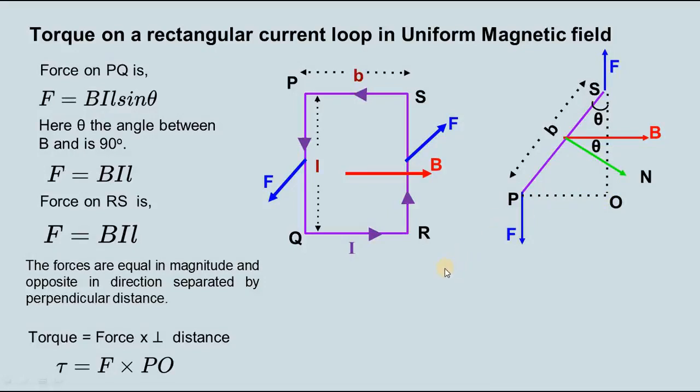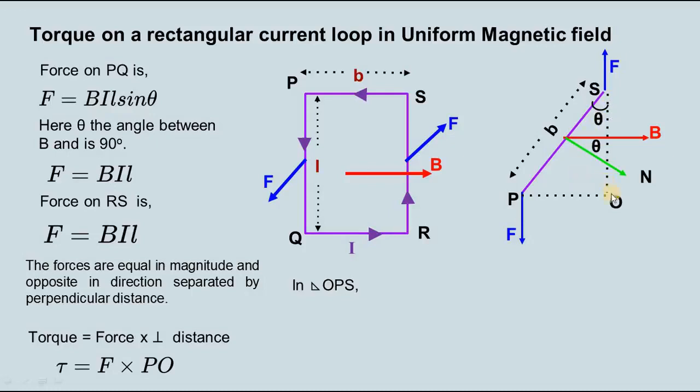To calculate PO, we consider the triangle OPS. Let theta be the angle between the magnetic field and normal to the rectangular loop. Then the angle PSO is also theta.